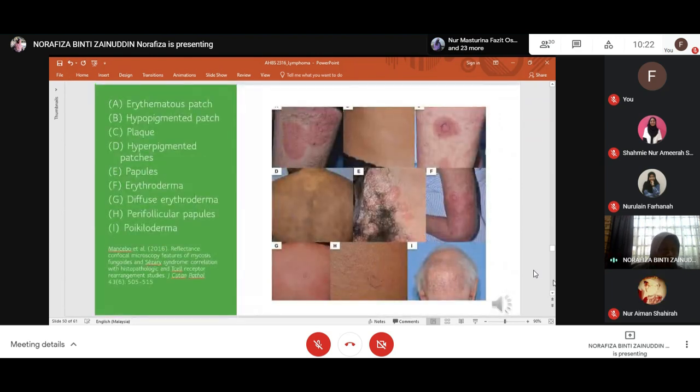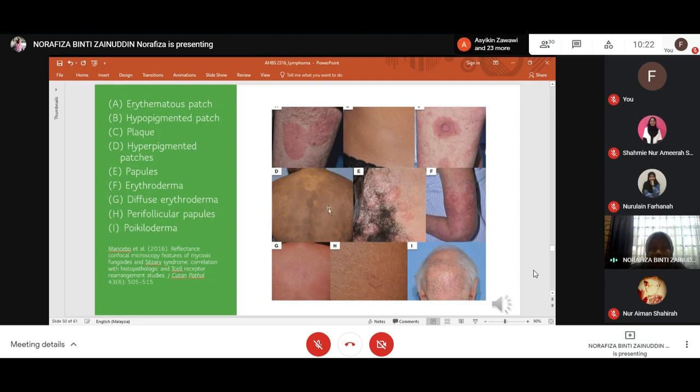Right. So for all of this, these are actually the clinical images of MF or SS, used for reflectance confocal microscopy. So this is the presence of an erythematous patch. This is a hypopigmented patch, and the presence of plaque here.